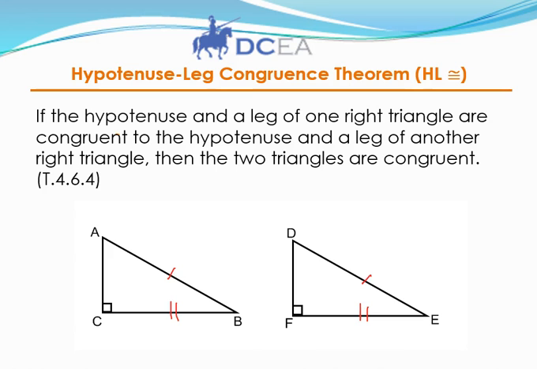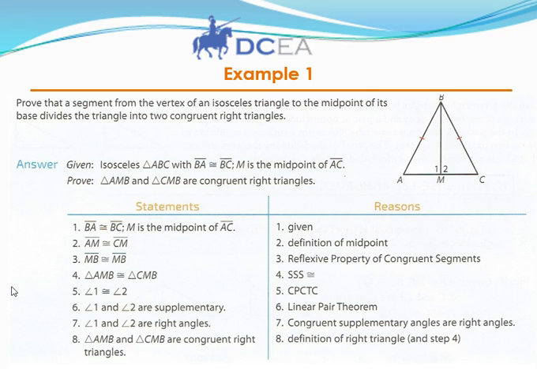Let's take a look at example 1. This is a proof. This is a fairly long proof, but it asks us to prove that a segment from the vertex of an isosceles triangle to the midpoint of its base divides the triangle into two congruent right triangles. This triangle is actually used in quite a bit of the theorems that will be forthcoming, and it uses a lot of information that we already know about.